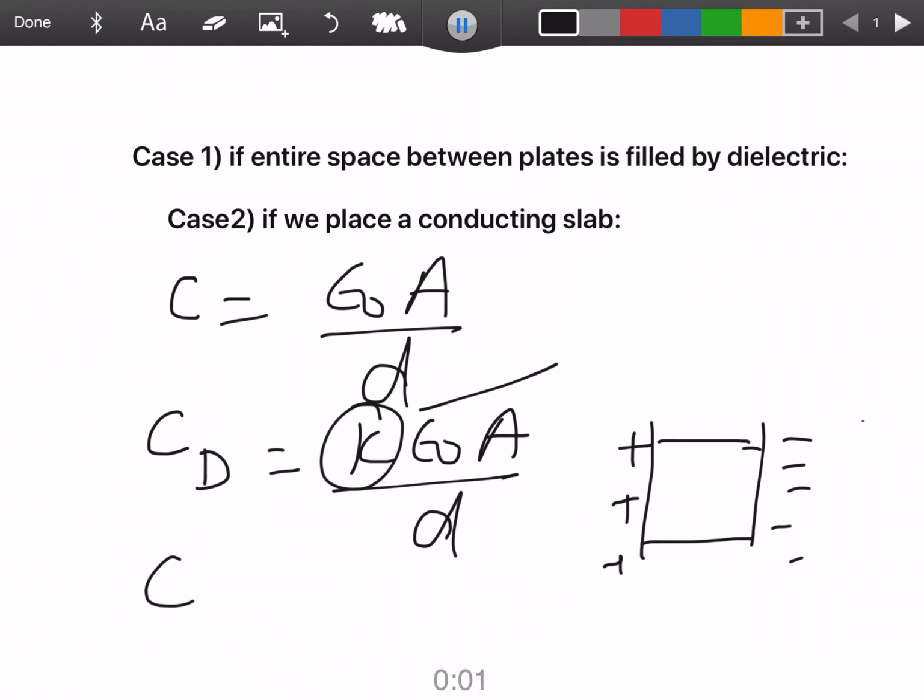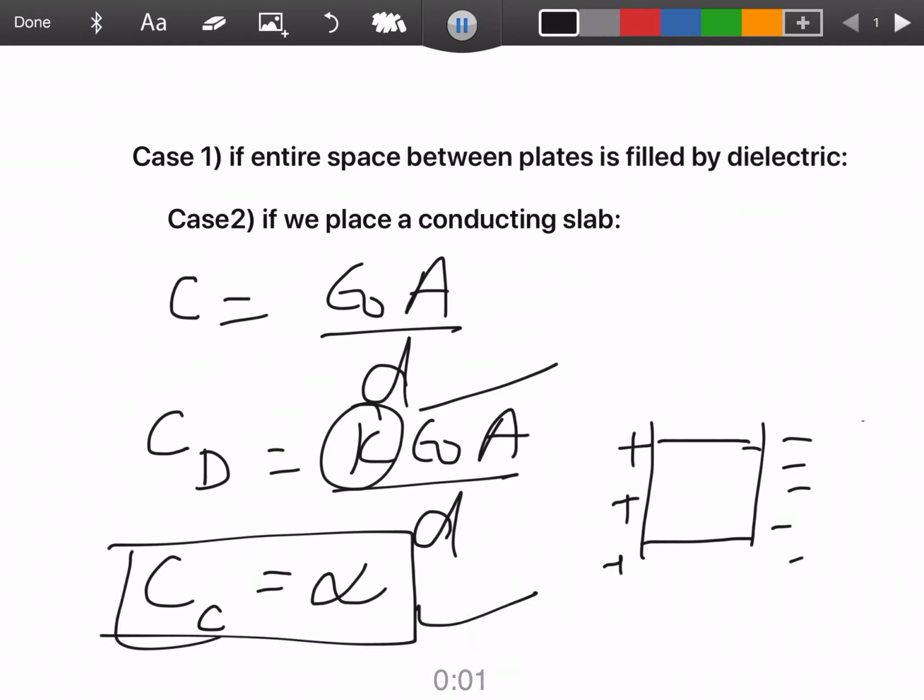Similarly, capacity with conducting plate will be equal to infinite, but this case has no significance because here the total circuit will just be acting as a simple continuous electric circuit. So storing of charge will not have a great significance in this case.